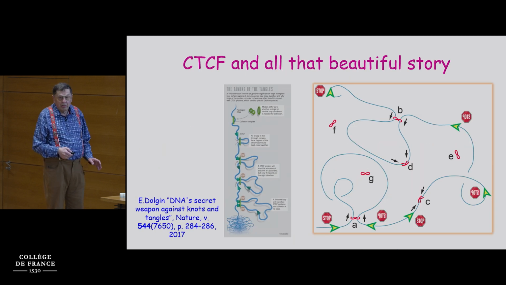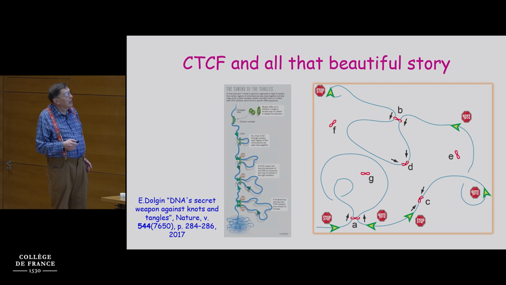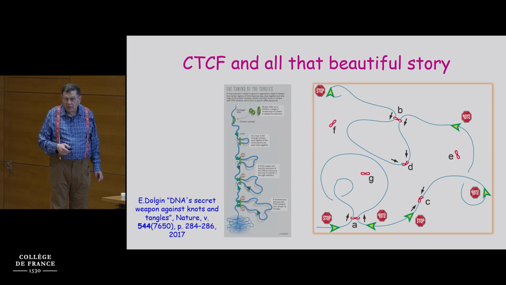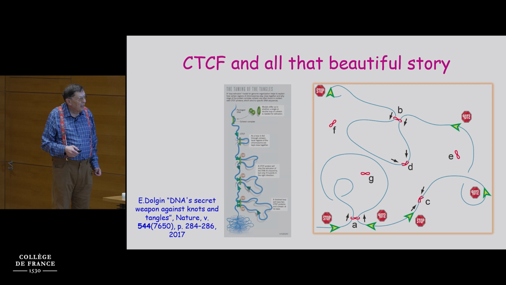So lots and lots of things are known about this loop extrusion process. The most beautiful of them is the story of the thing that is called CTCF, and don't ask me how to open up this acronym.